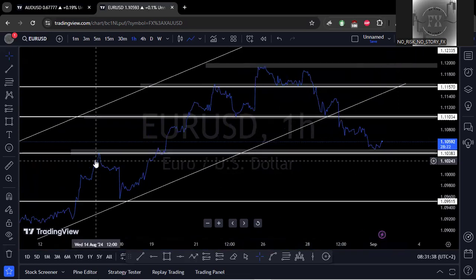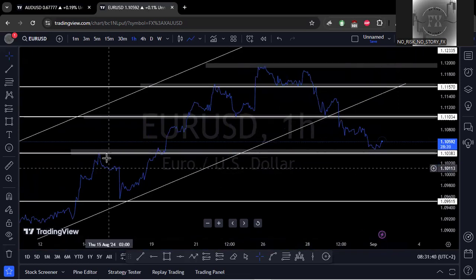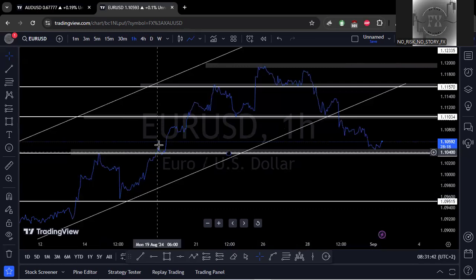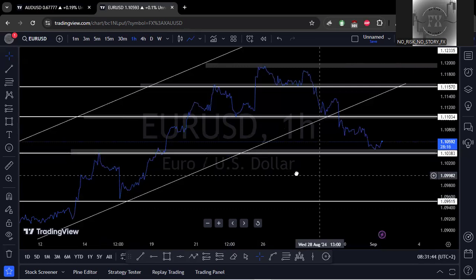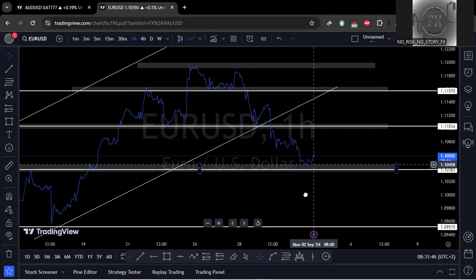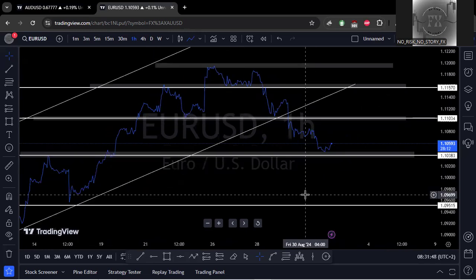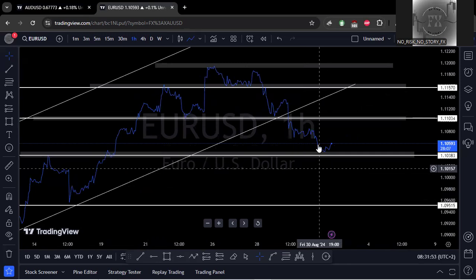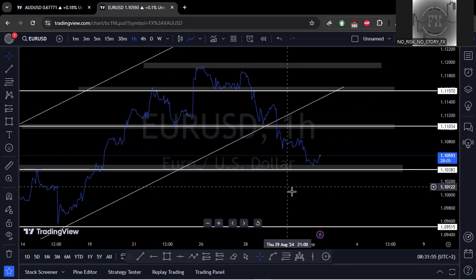As you can see, whenever we are below this point, we are selling, but whenever we're above, we are buying. So now we are above. So what you can see is that we are buying already.